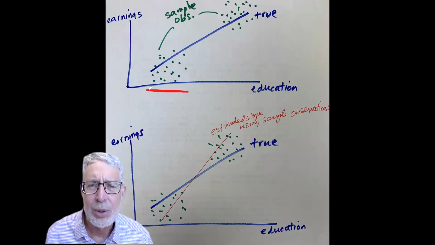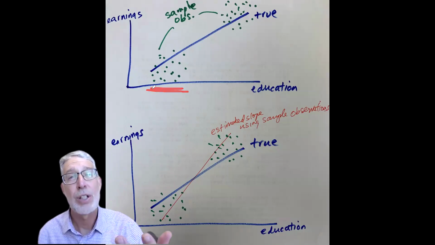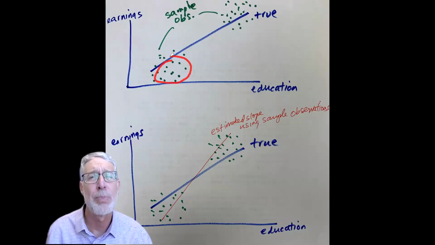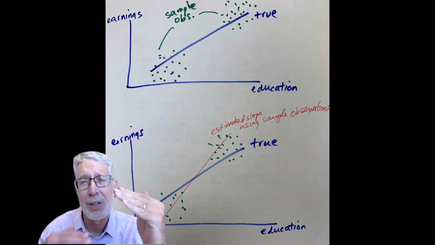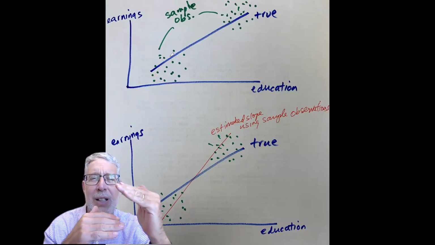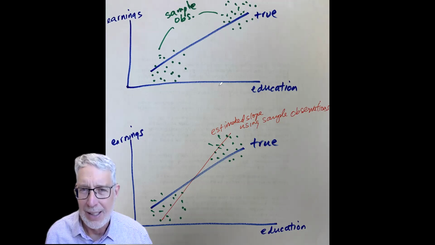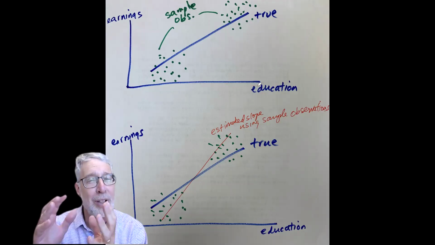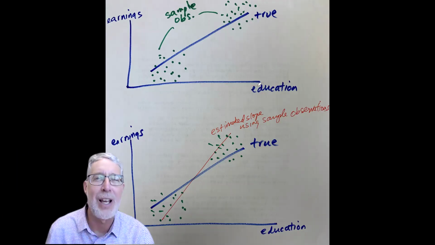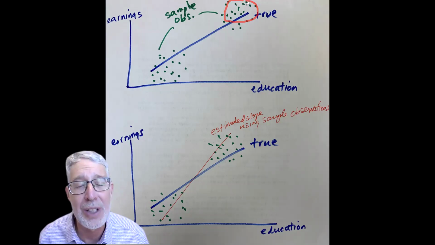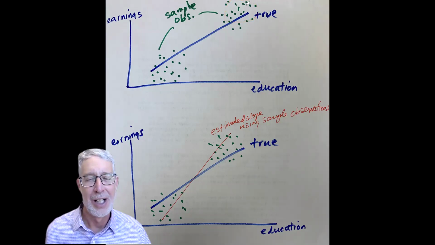For people with low education levels, they're disproportionately the people who smoke a lot of pot. So disproportionately, their earnings are even lower than they would be otherwise, right? Because not only do they have low education, but they're also smoking a lot of pot. On the other hand, the people with high education are the people who are not smoking very much pot. They're sober all the time when they work, so they're more effective than other people at work, so they have even higher earnings than just their education would allow.